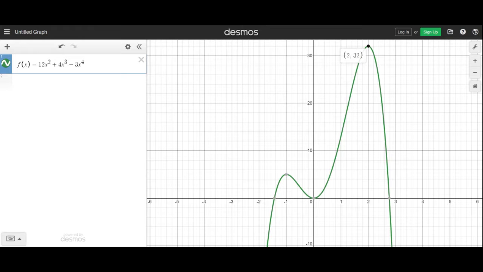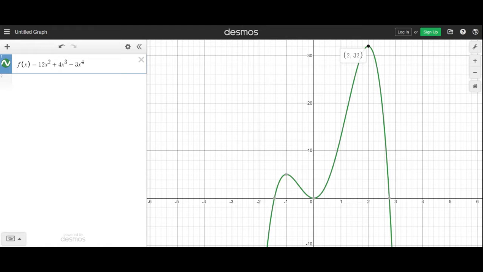So I can look there and say the highest y value that I'm attaining is 32. So my range goes from negative infinity to positive 32. In this case, the 32 is included, so it's going to get a bracket. And again, I'll switch back over in just a minute so you can actually see what I've written down there. But for right now, I want to stay on the graph so we can get the rest of these intervals.